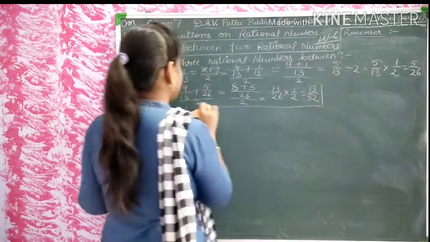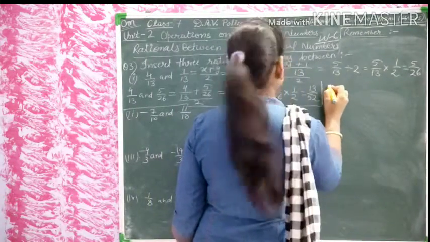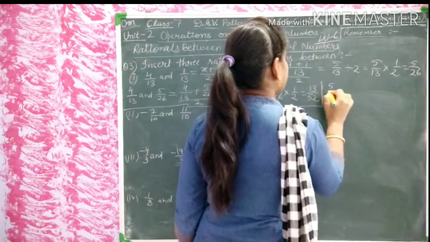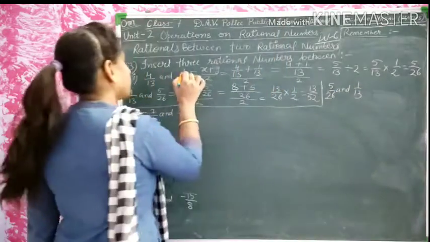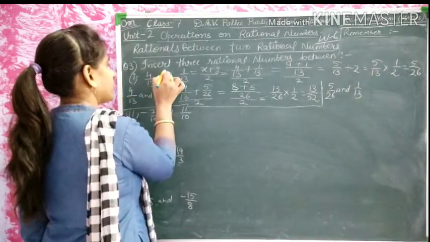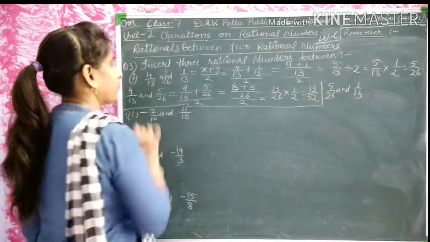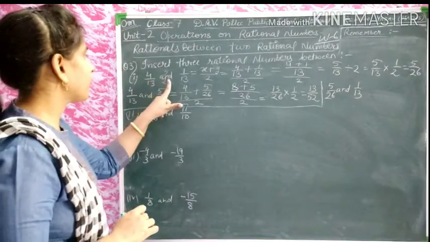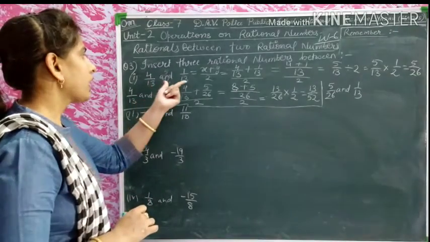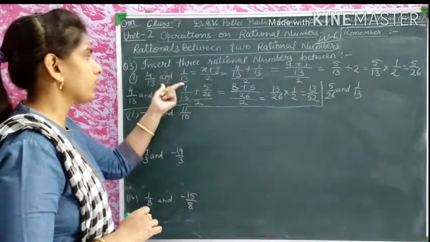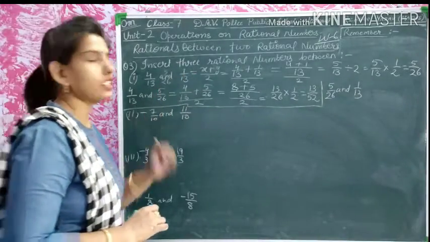One number is this, and we can find another number between 5 by 26 and 1 by 13. Between 4 by 13 and 1 by 13 we found 5 by 26. First we found the number between 4 by 13 and 5 by 26, and then we will get one number from 5 by 26 and 1 by 13.